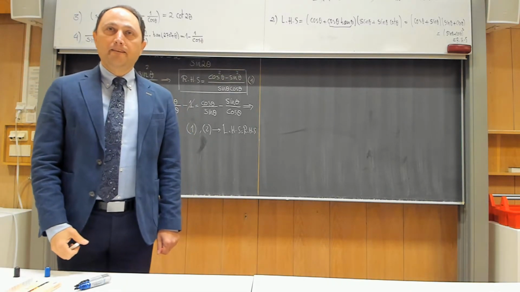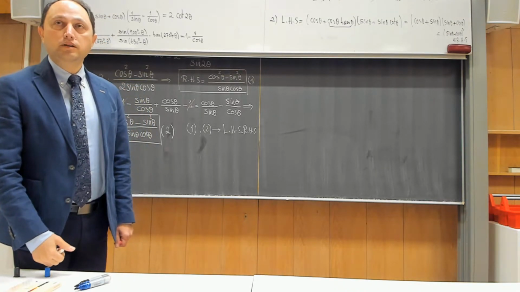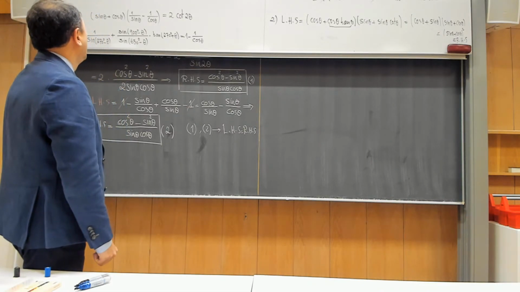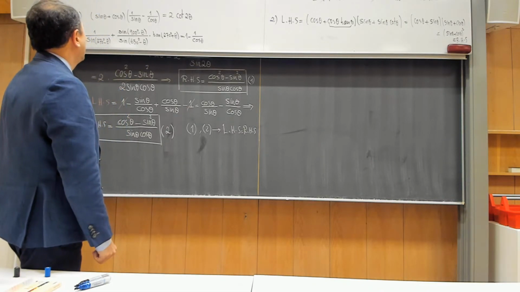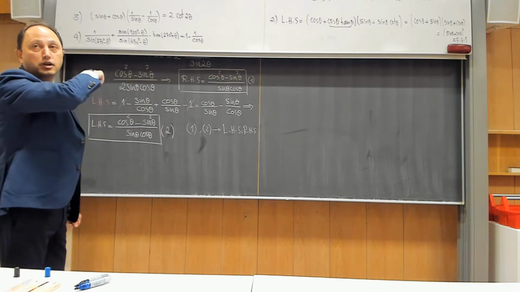Louder, please. Can you also try to calculate with the cotangent? Can I what? Can you also calculate with the cotangent? I don't understand your question. Here, for the number 3, you mean? Yeah. What should I do?